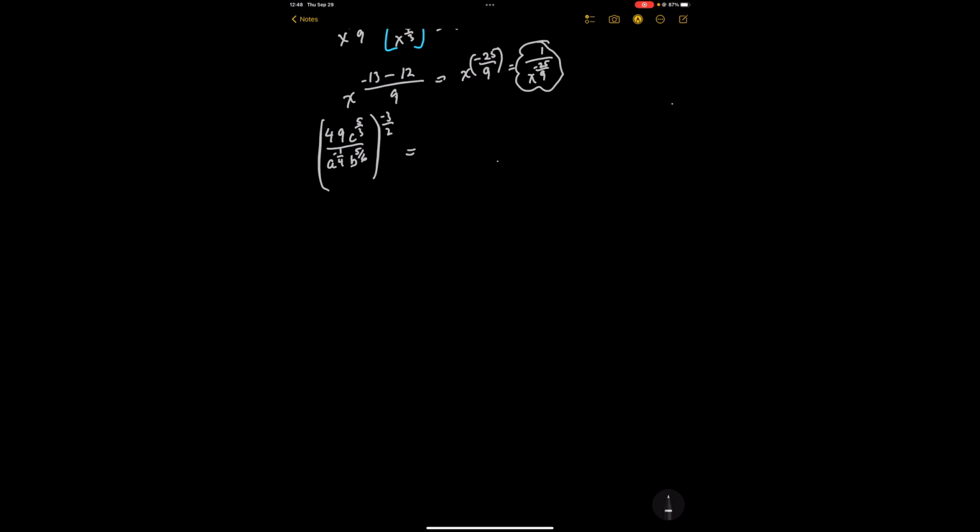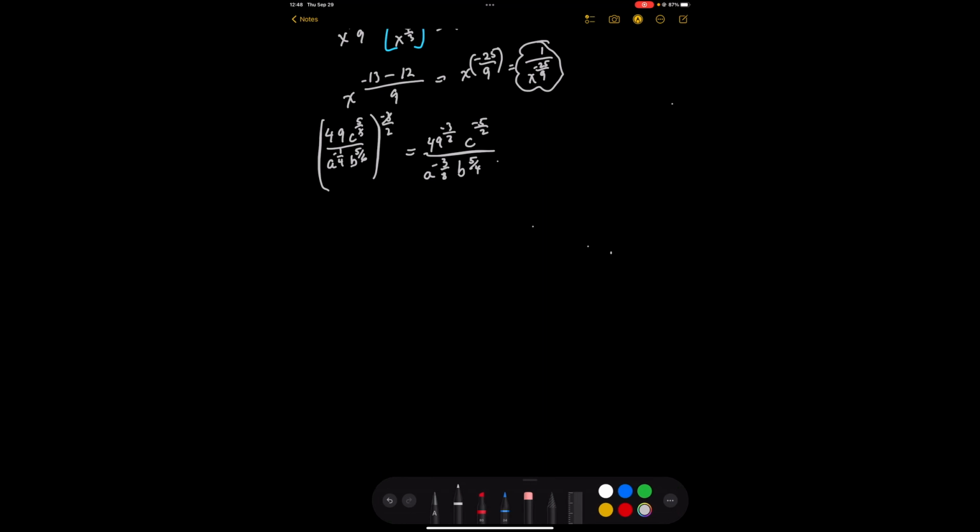I'm gonna separate them, or I'm gonna say 49 to the power of negative 3 halves times C to the power of 3 and 3 will equal to 1. That'll be negative 5 halves over A to the power of negative 3 eighths times B. 3 and 6 will be 2 to the power of 5/4.